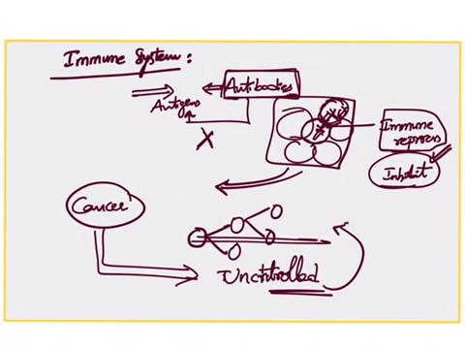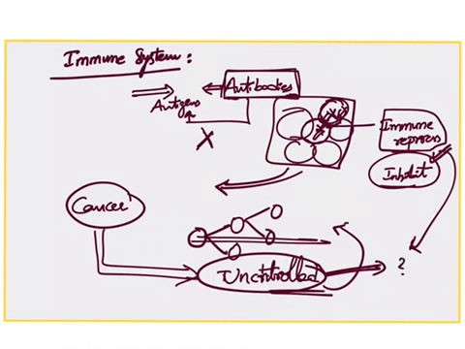Now, why are we having uncontrolled cell division? If we have uncontrolled cell division, why can't the immune system repress it? This is the question. Why? Because we have inherent, inbuilt repressors that are placed on each cell.